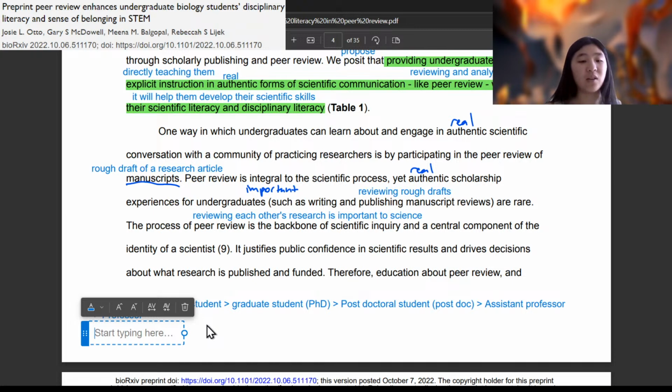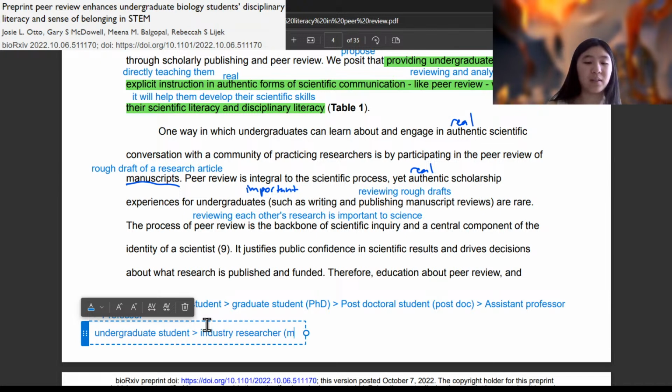Or you can become an industry researcher even with a master's degree. So that would just be undergraduate to industry researcher, and you can have a master's.